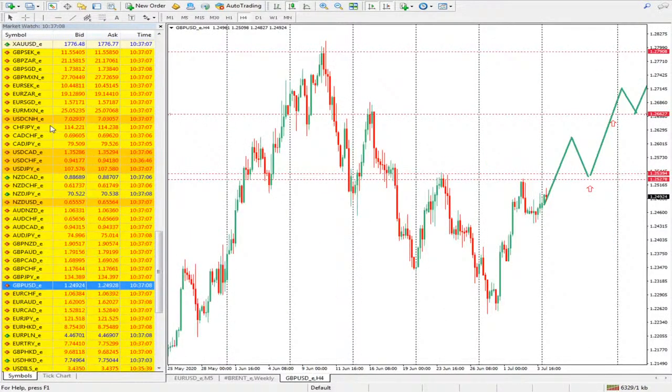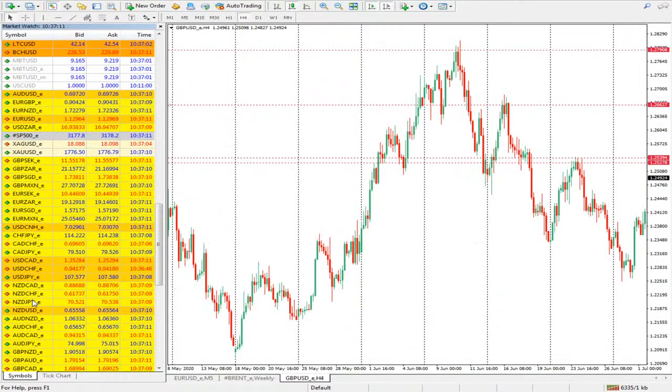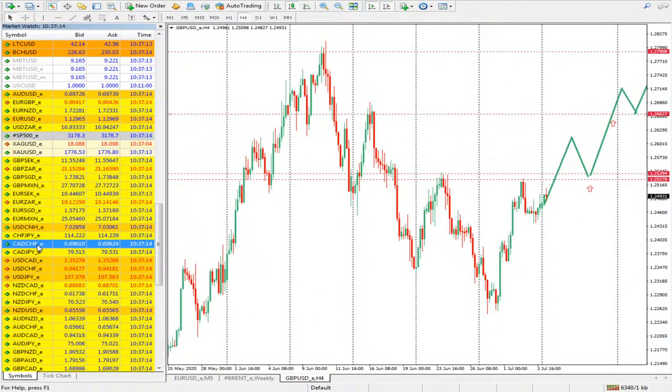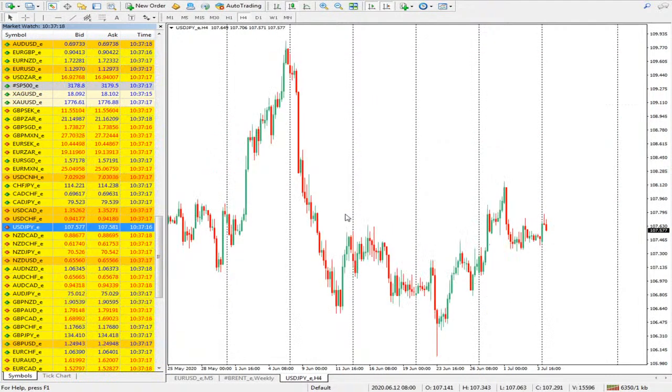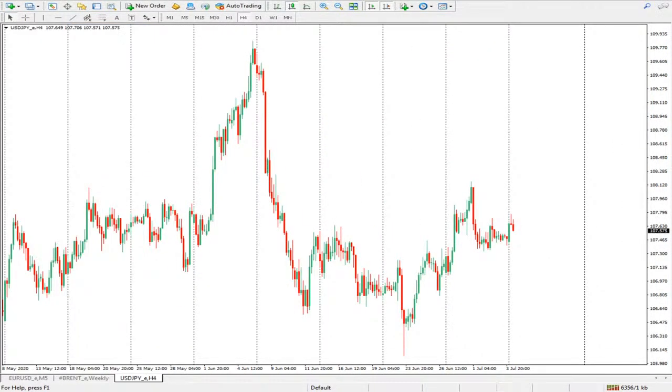So the next chart we look at is USDJPY. This is how the chart looks.